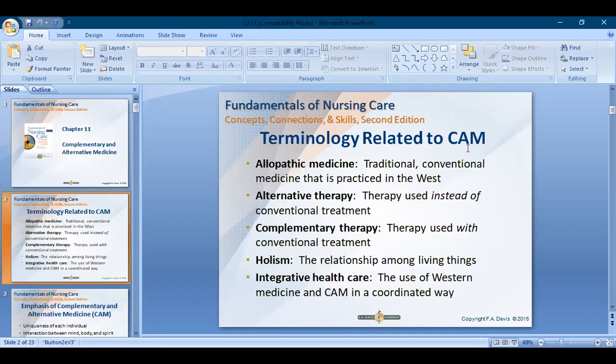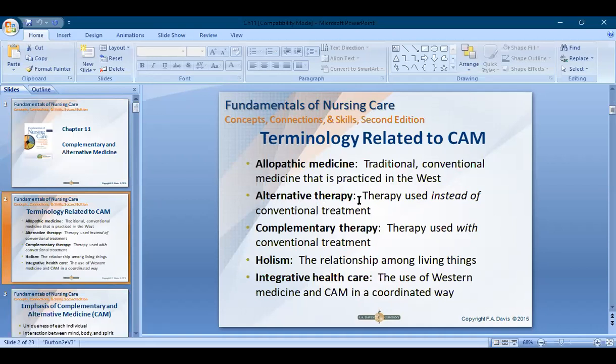A little explanation: allopathic medicine means traditional or conventional medicine, that is practiced in Western countries.